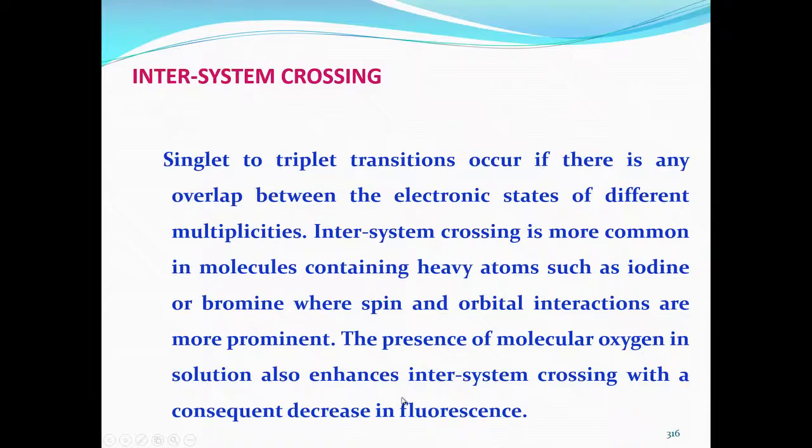Iodine is having more electrons, higher molecular weight and atomic weight compared to bromine. So, the orbital interactions will be much more and more complex also. So, the presence of molecular oxygen is another factor that also enhances intersystem crossing with a consequent decrease in fluorescence. So, the more complicated the interactions, the more the decrease in fluorescence intensity.